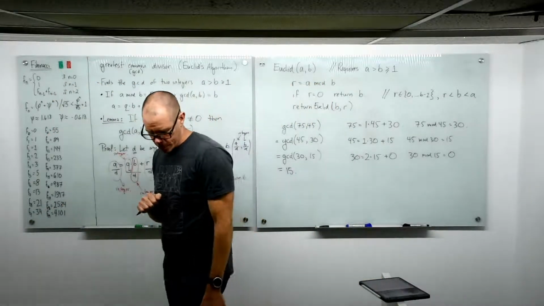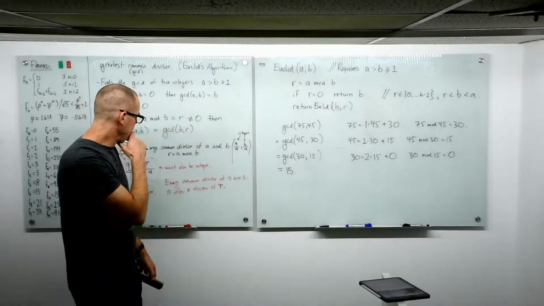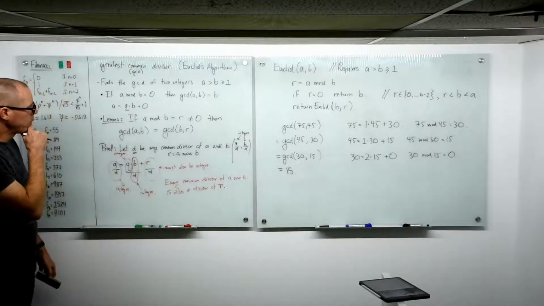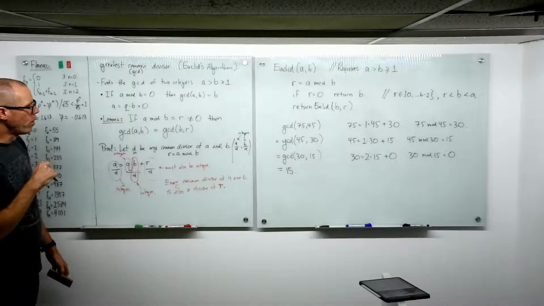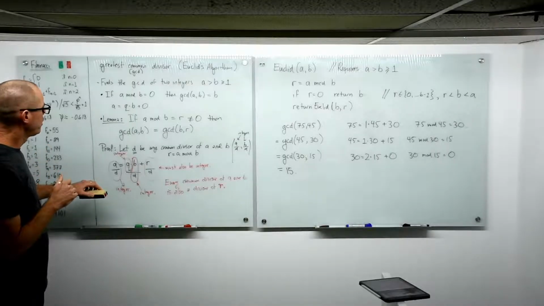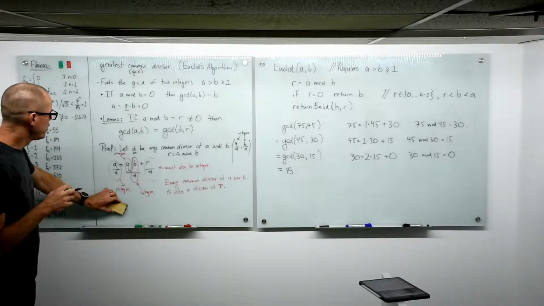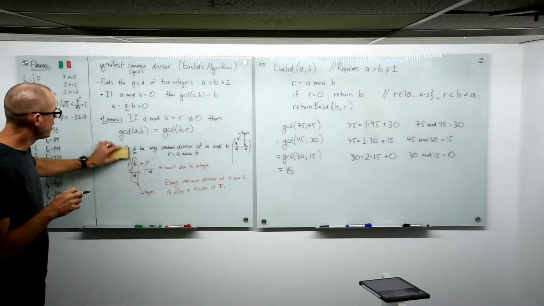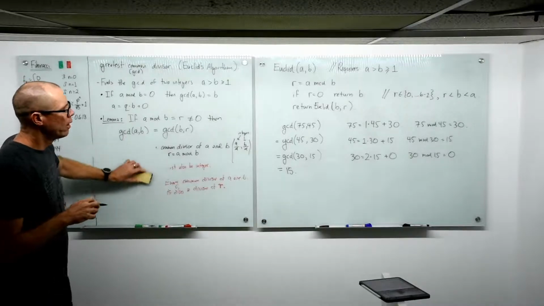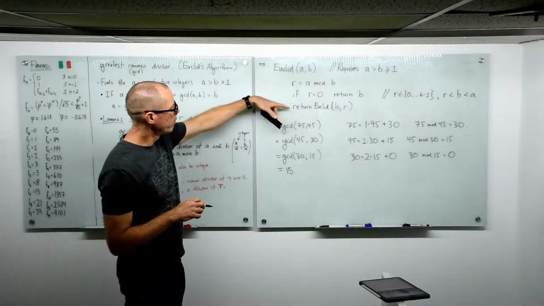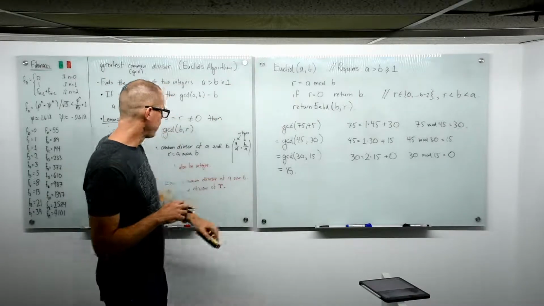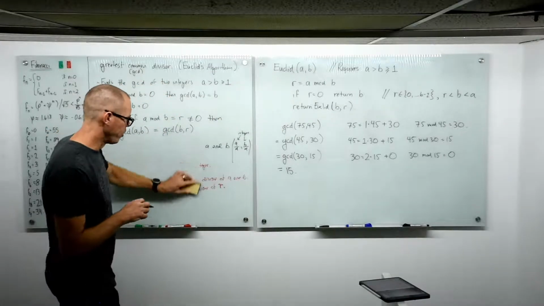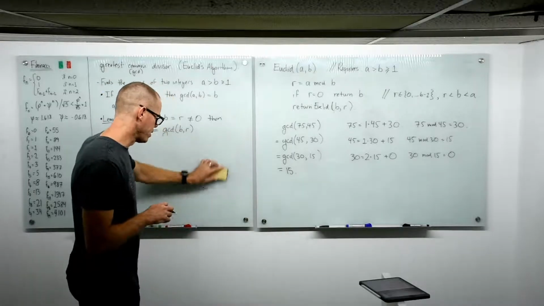So there's one example. Let's do one more. So this lemma, we don't need to keep it written here because it had just better be true because of the way the algorithm is written, I think, reminds us what the lemma says.